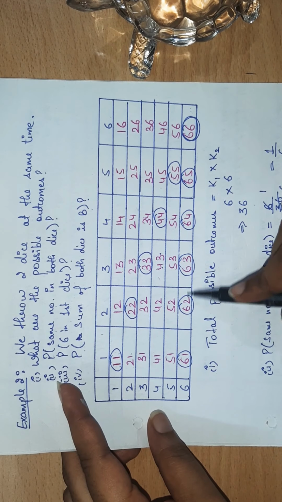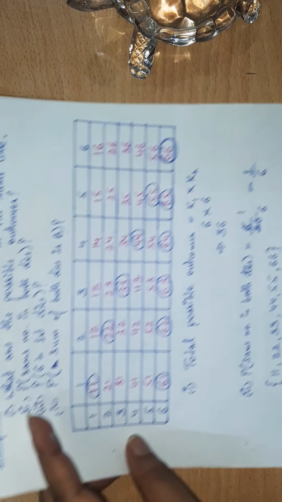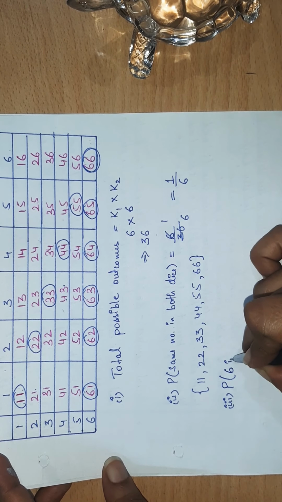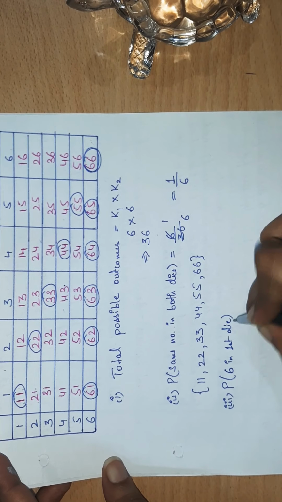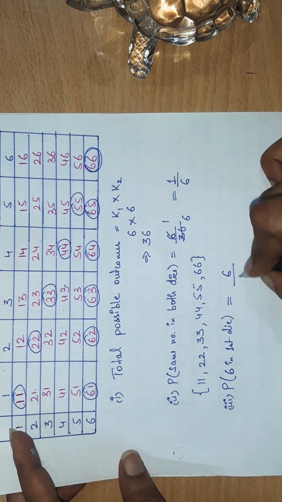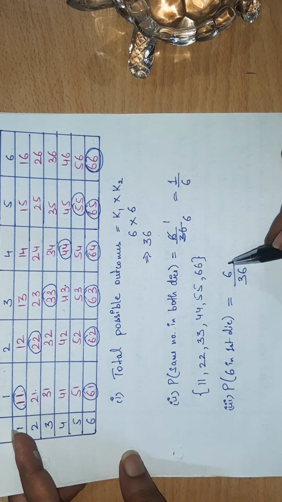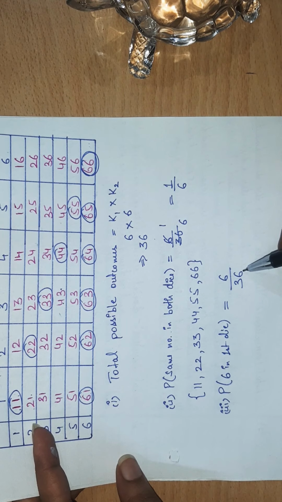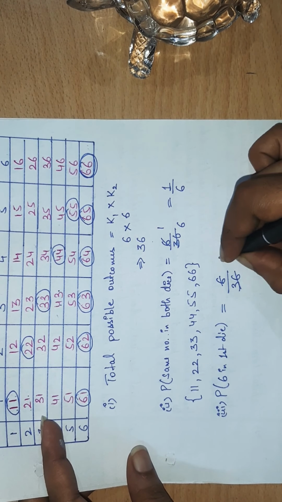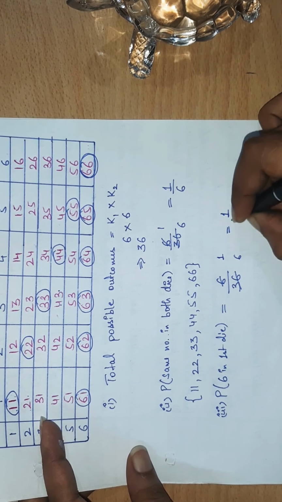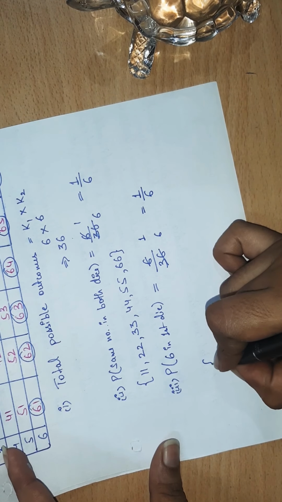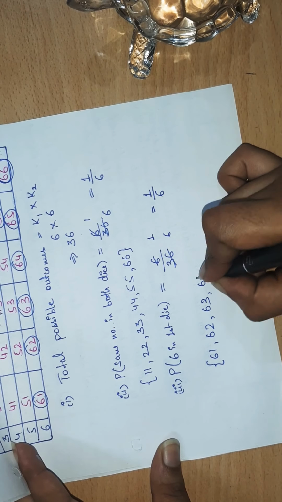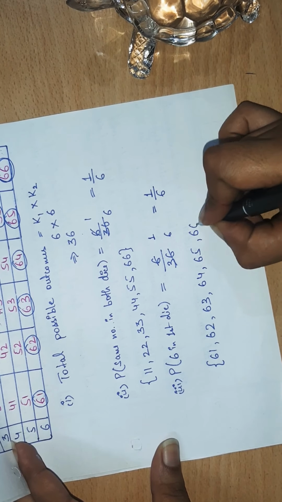So we have 1 2 3 4 5 and 6 numbers. So for this we will write probability of 6 in first die is 6 by 36, as the favorable outcomes are 6 and the total outcomes are 36. So it will be 1 by 6. And these numbers are 6 1, 6 2, 6 3, 6 4, 6 5 and 6 6.